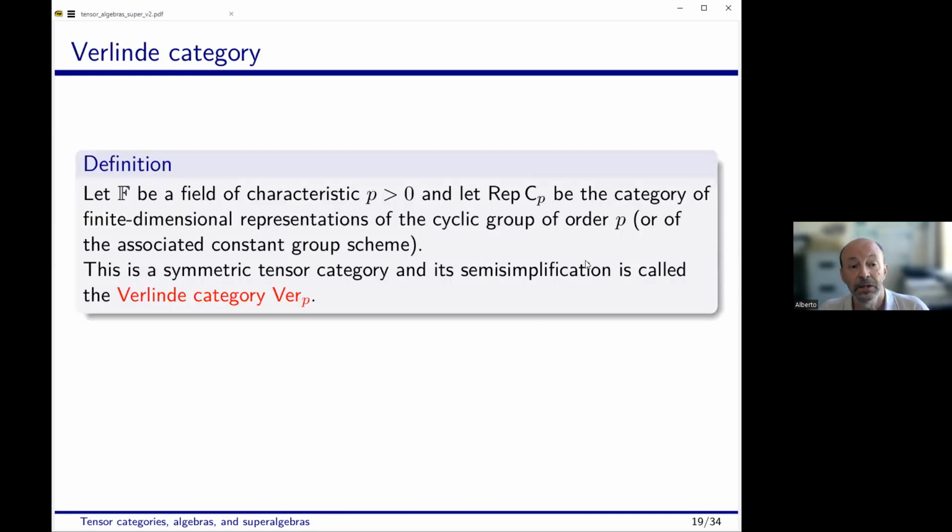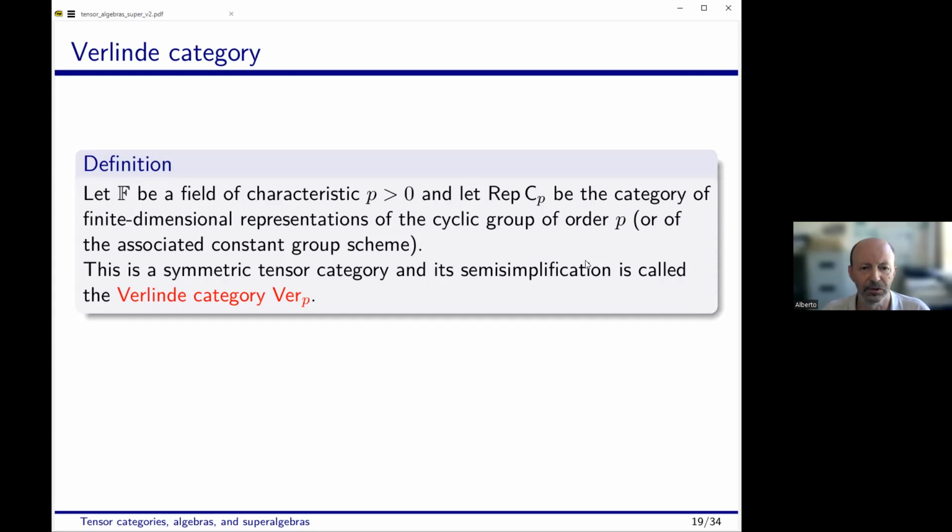Okay. So in particular, we can take a field of prime characteristic p and consider the category of finite dimensional representations of the cyclic group of order p, or if you want, of the associated constant group scheme. This is a symmetric tensor category, and the semi-simple category that we obtain by semi-simplification is the so-called Verlinde category in characteristic p. And this Verlinde category in characteristic p greater than 3 has some interesting properties. It's a category that doesn't come from representations of any affine group scheme nor affine group super scheme.